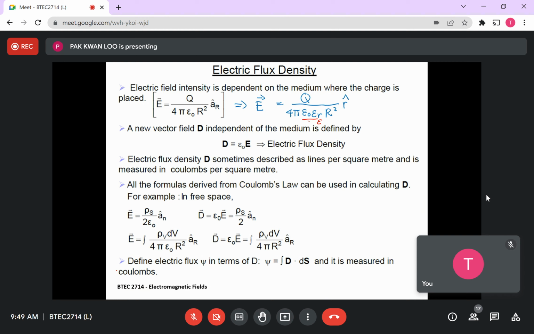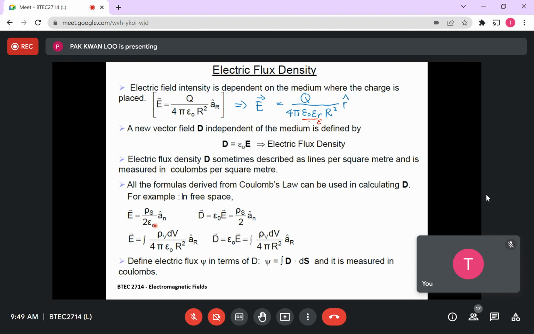So in free space now, this term here corresponds to the electric field contributed by an infinite charge density.